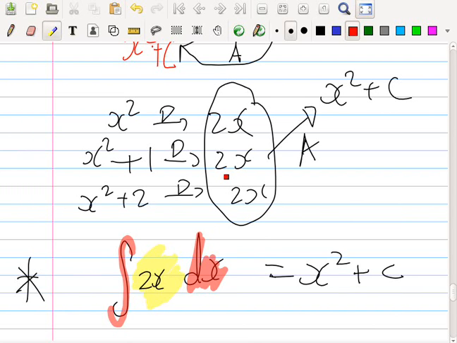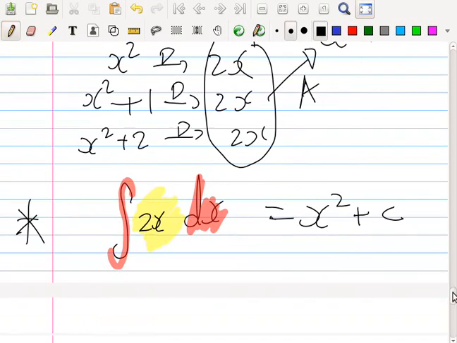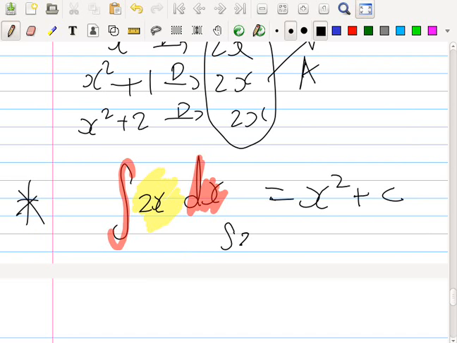Normally x, but could be any letter. So for example, you could say the antiderivative of 2t dt would equal t squared plus c. Just a letter. Okay, let's look at the rules now.